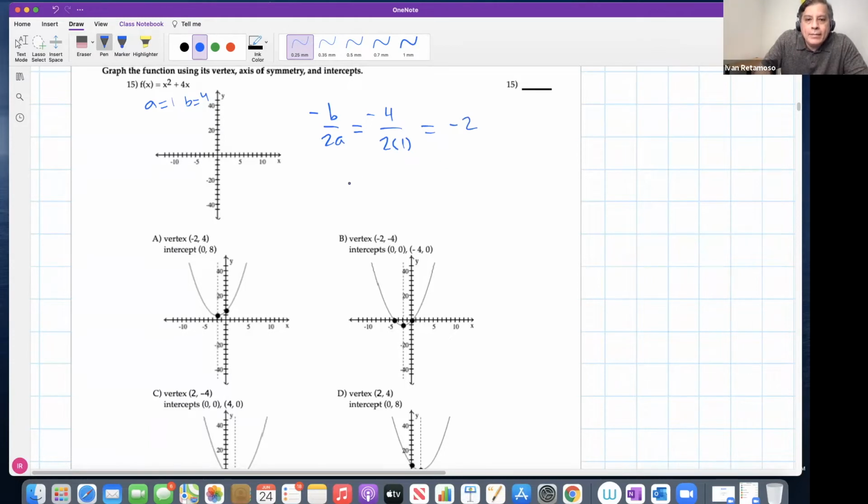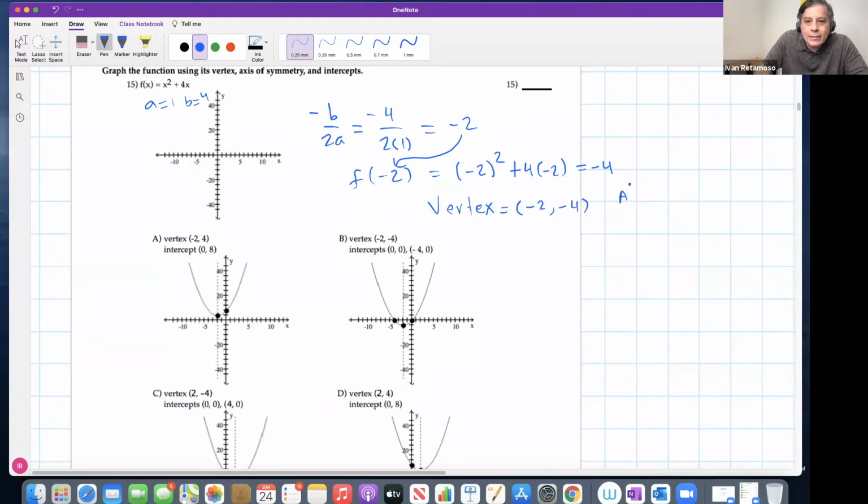And then substitute this minus 2 into your quadratic function here. So minus 2 squared plus 4 times minus 2. This is 4. 4 minus 8 is minus 4, right? So conclusion, vertex equals minus 2 comma minus 4.